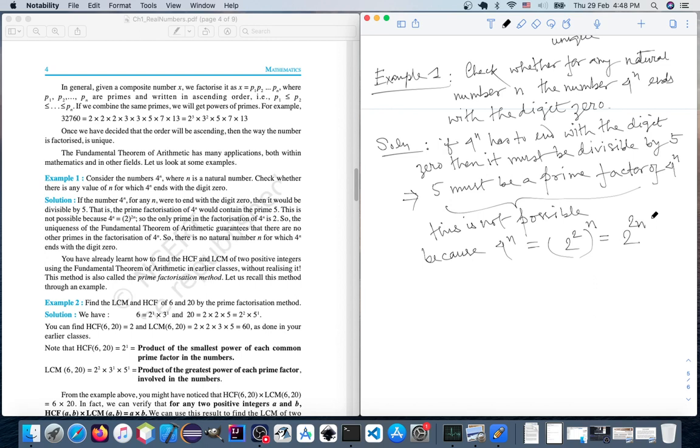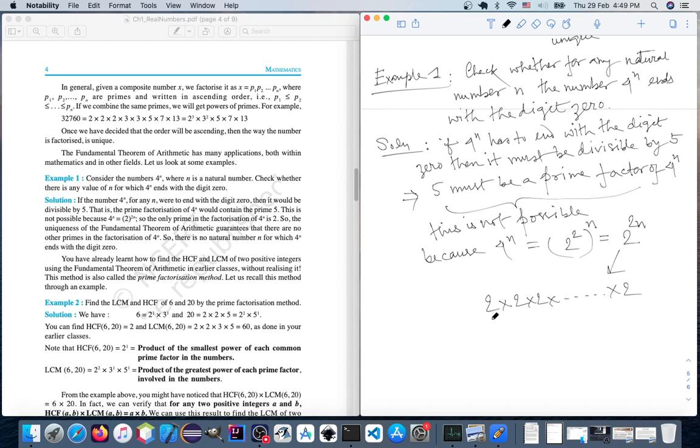We can clearly see that the number 4 to the power n has been expressed as a power of 2, which means the only prime factor of 4 to the power n is 2. And how many times do we have this prime factor 2? We have it 2n times. This is 2 times 2 times 2 times, like this.